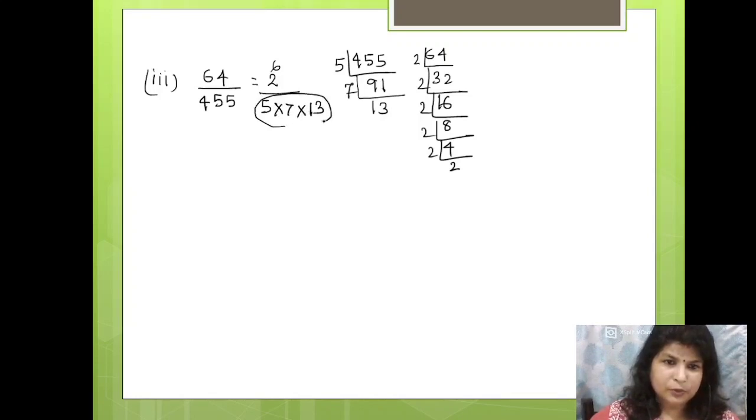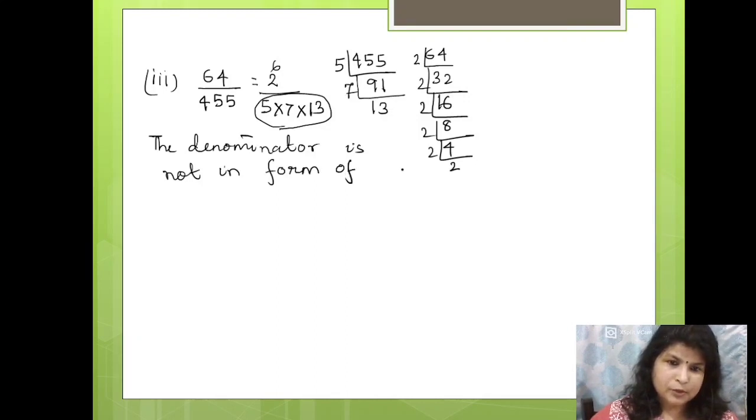So now the denominator is not in the form of 2 to the power n into 5 to the power m.